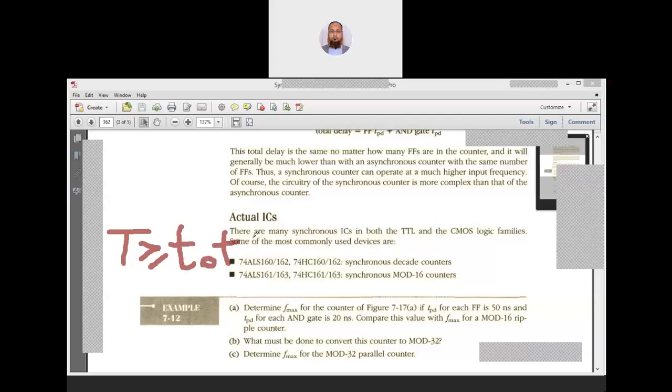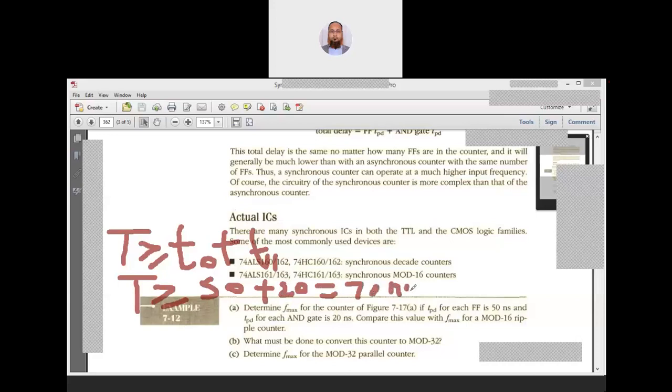T0 is the delay of the flip flop, and T1 is the delay of the AND gate. So the time period should be greater than 20 plus 50 plus 20. This gives us 17 nanosecond.